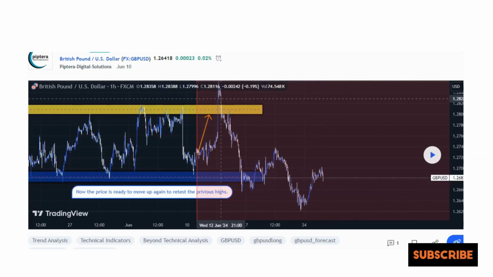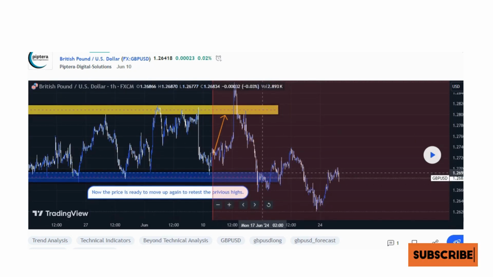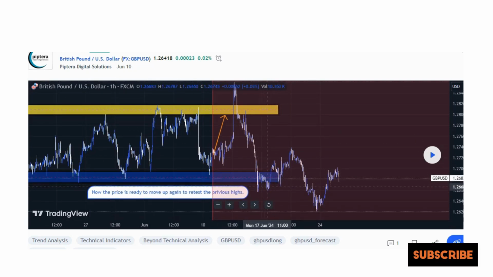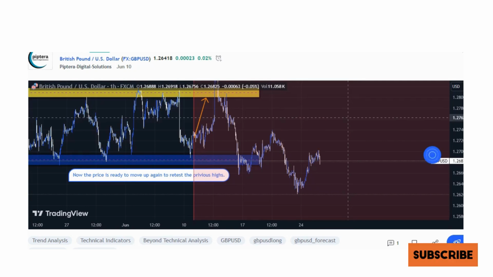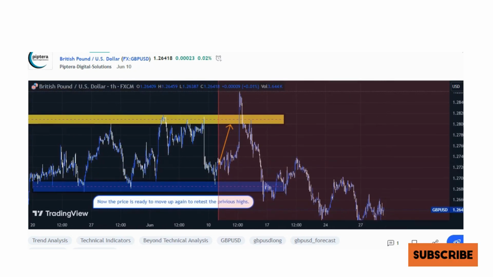The price moved up as we expected, 100%, and even more than that. After breaking above the resistance zone that we had initialized, the price dropped massively to the support zone. It traded below the support zone and then came back up, then fell from there. Let's see what happened next. And then it continued to fall.